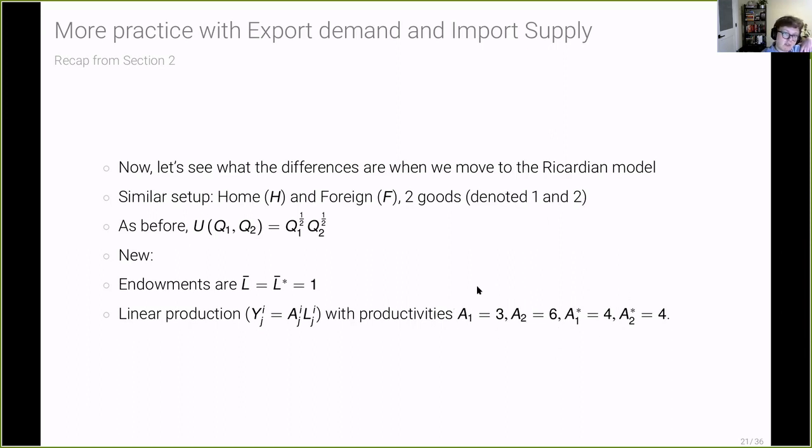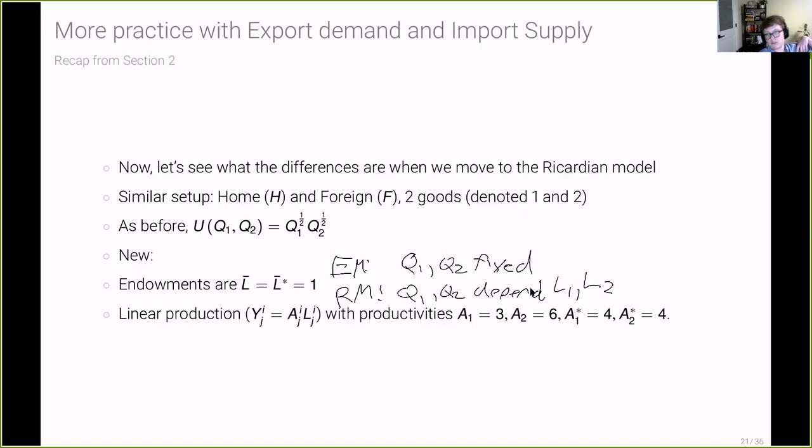And so the big difference is that in the endowment model, our production is fixed. So Q1 and Q2 are fixed. But in the Ricardian model, Q1 and Q2 depend on how much labor we allocate to sector 1 and sector 2.